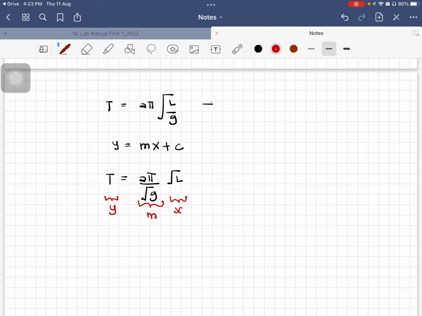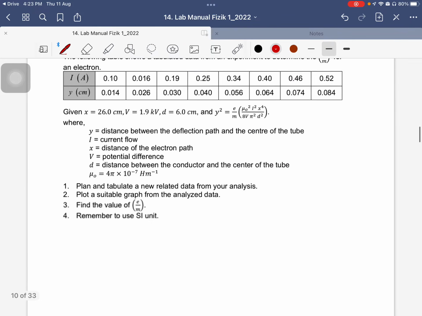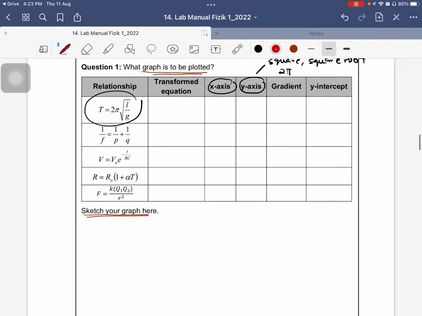As I said, it can have a square root, it can have a square, but it must stand alone. Okay, so you put it in the table here. For the transformed equation, write down your equation again, which is 2 pi over square root g times square root L. Then your x-axis is square root L, your y-axis is t, and only the gradient can have a combination of symbols. The x-axis and y-axis must stand alone.